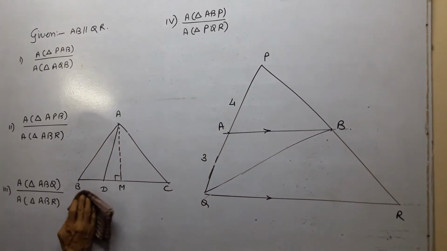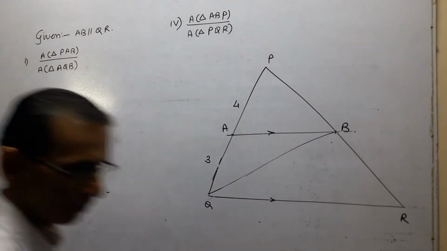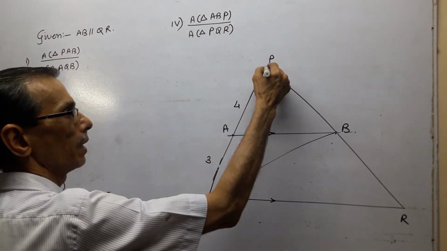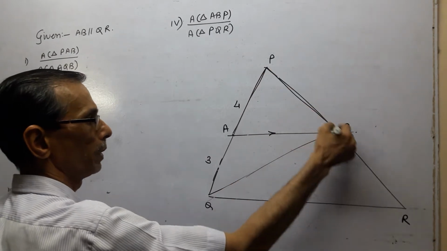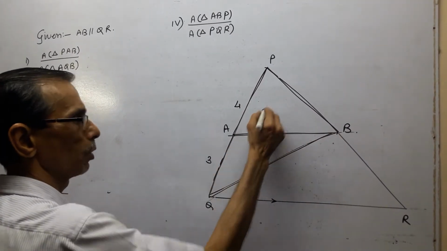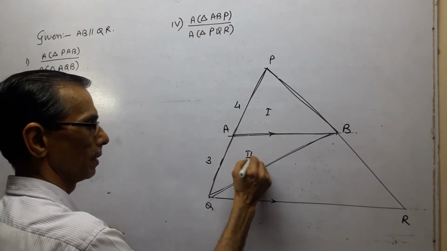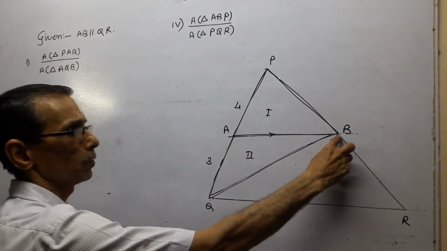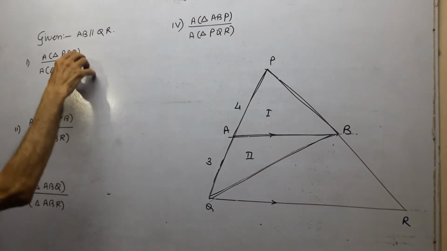In the same way, let us think of the triangles APB and AQB. Think of this triangle, first and second. You will find that B is the common vertex for both.